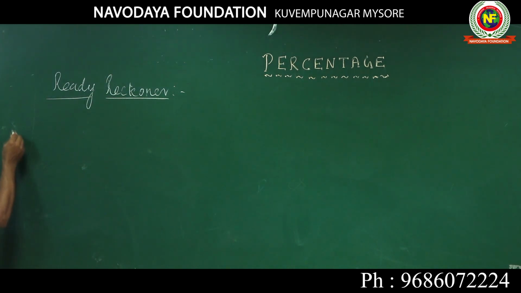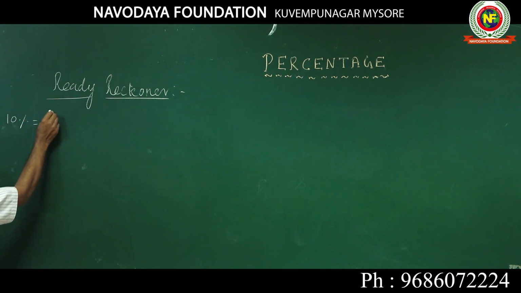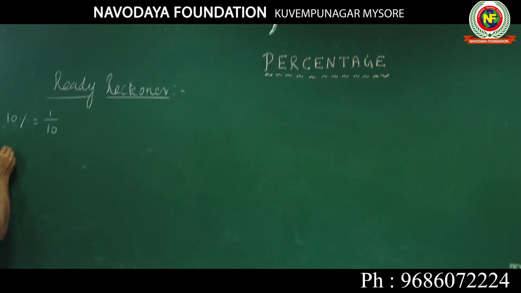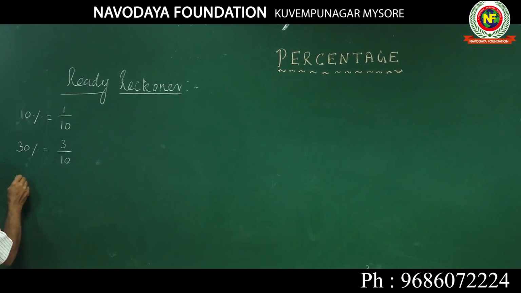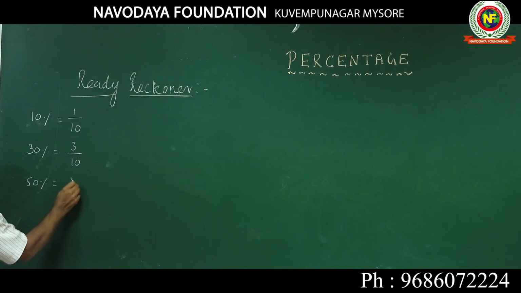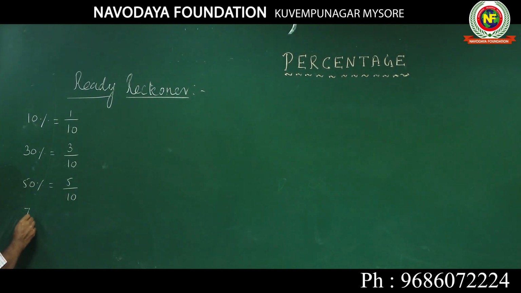For example, the first one is 10% is equivalent to 1 by 10. 30% is equivalent to 3 by 10. 50% is equivalent to 5 by 10. 70% is equivalent to 7 by 10. And of course, 90% is equivalent to 9 by 10. Look at the denominator, all denominators are the same.